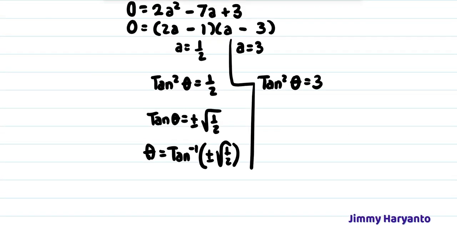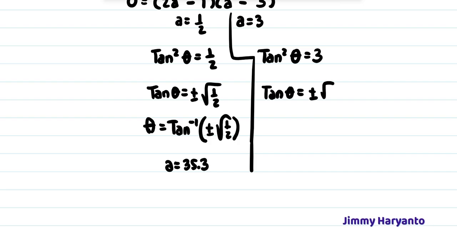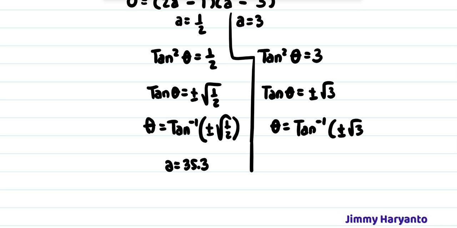The basic angle will be tan inverse of square root of 1 divided by 2 equals 35.3. And then for the other one, you will have tangent theta equals plus minus square root of 3. That means theta equals tan inverse of plus minus square root of 3. The basic angle for this one is 60 degrees.